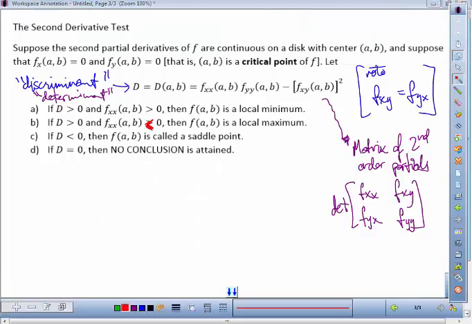Okay, so here's the deal. If your discriminant is bigger than 0, and at the same time, if your fxx is bigger than 0, then we can think about that as a positive contribution to the second derivative. And with a positive second derivative, we see this as being concave up, which means we have a local minimum.